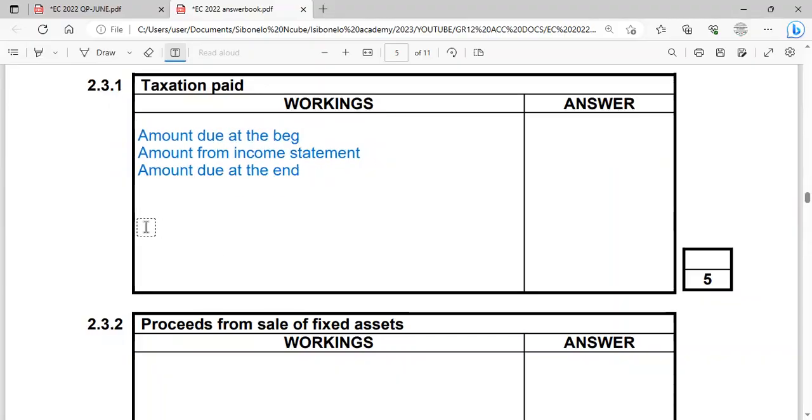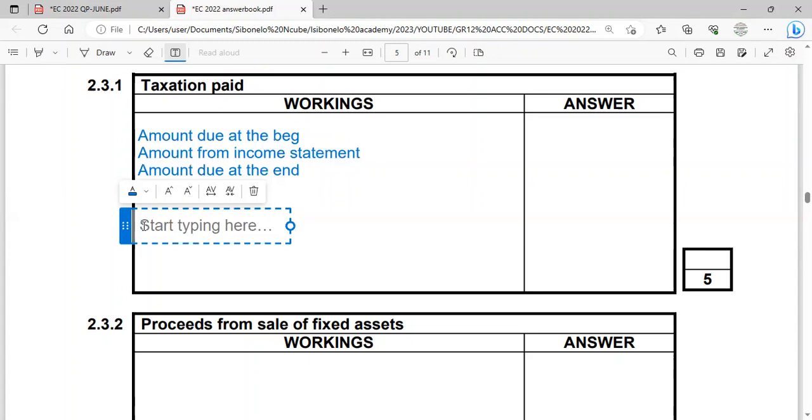So there is a summary that I want to provide you with here. So guys, when we prepare this taxation paid note, we check. Sometimes you will be given an opening balance that is positive or negative. So we know that tax balance can be positive or negative. You can have SARS income tax sitting on the debit side, and you can have SARS income tax sitting on the credit side. So if the opening balance is sitting on the debit side, that balance will be negative.